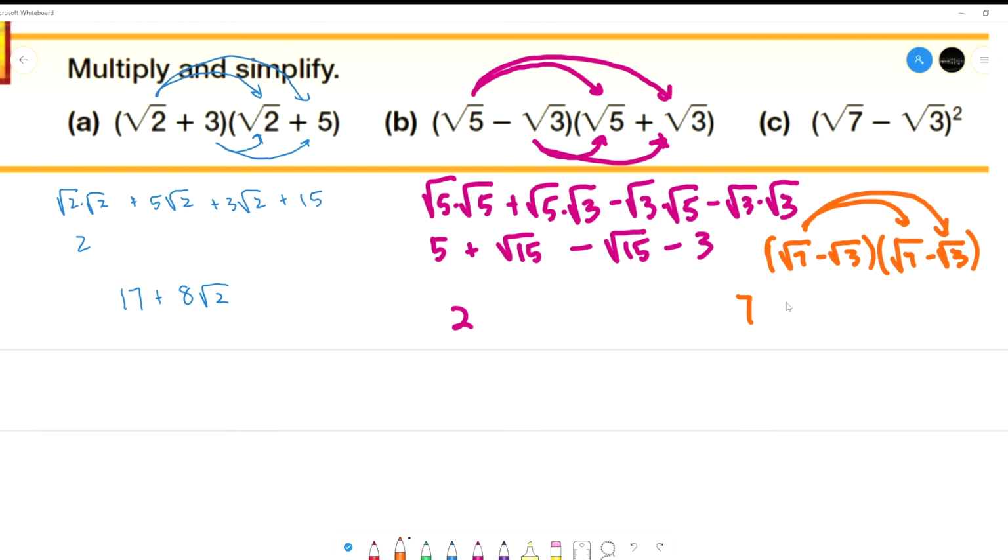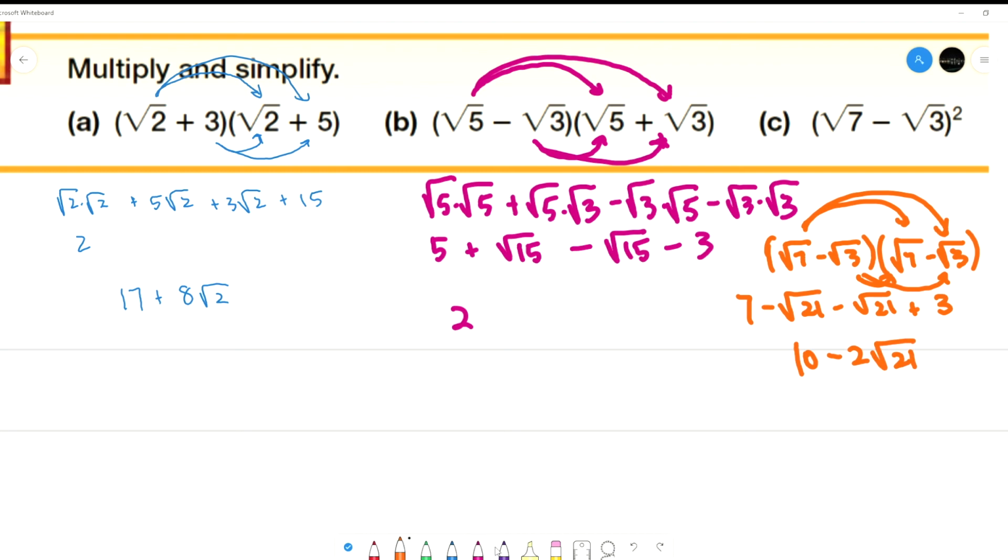The outer is minus radical 21. The inner is minus radical 21. And the last is plus 3, because minus times minus. So 7 plus 3 gives me 10, minus 2 radical 21.